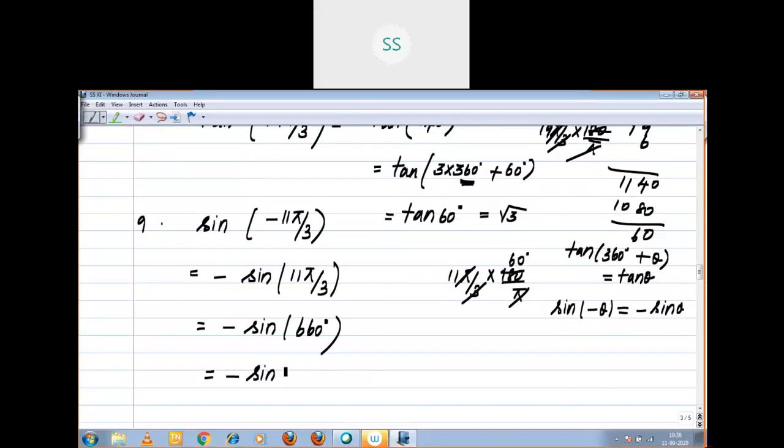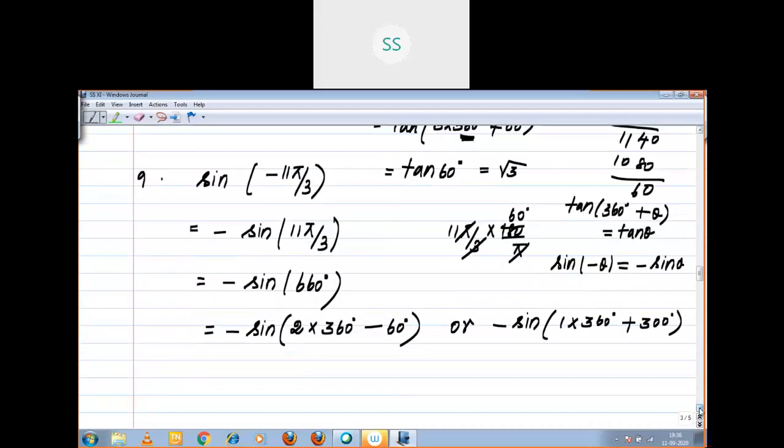Here how many complete rotations are over, children? If you want, you can write it in 2 times or you can write it in 1 time. Anything is correct, right? 2 times how I am writing, you see. Minus sine of 2 into 360 degree minus 60 degree, or minus sine 1 into 360 degree plus 300.